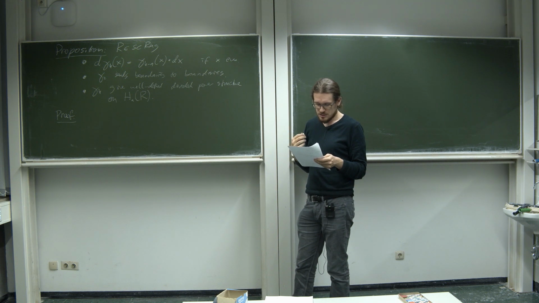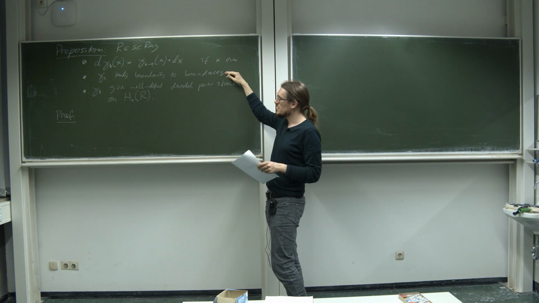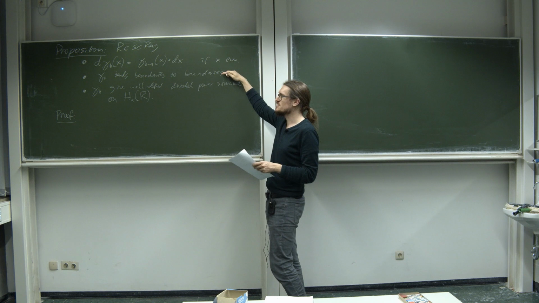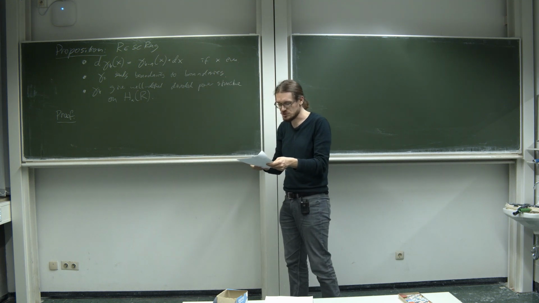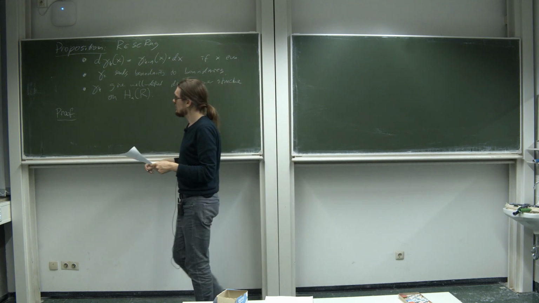The interesting part is the second property, because here we're not really giving an explicit formula. Here it's kind of not obvious what one even would need to check. And so let's do that.